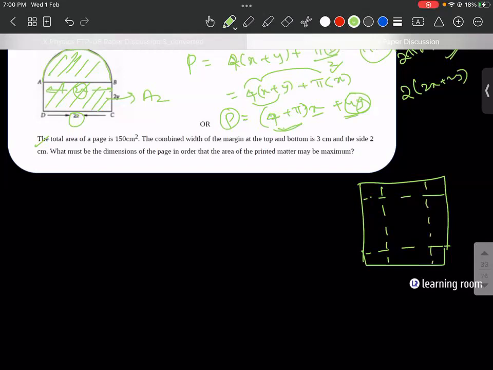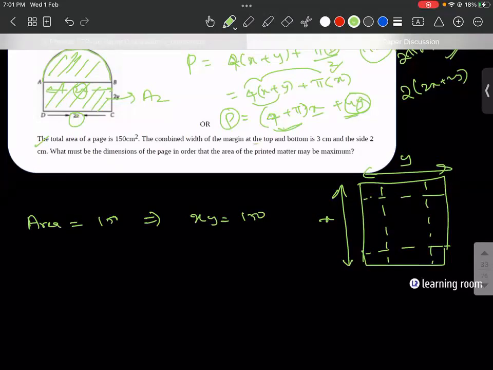Okay. So if I take this to be X, for instance, and this to be Y, then what is going to be the area of this? Area of the page is 150, which implies X into Y is equal to 150 centimeter square.